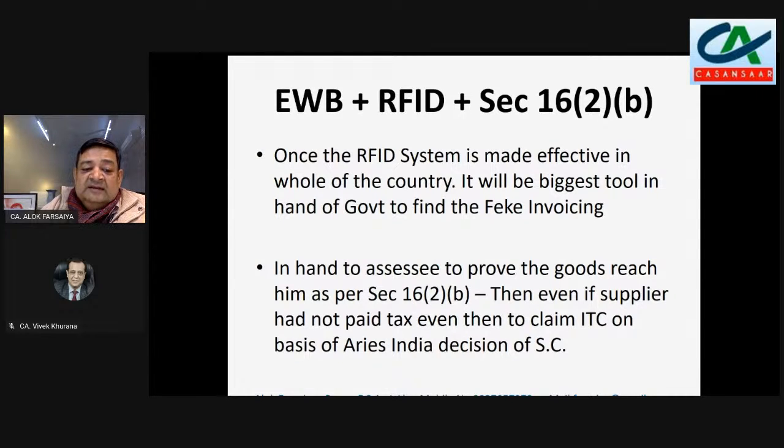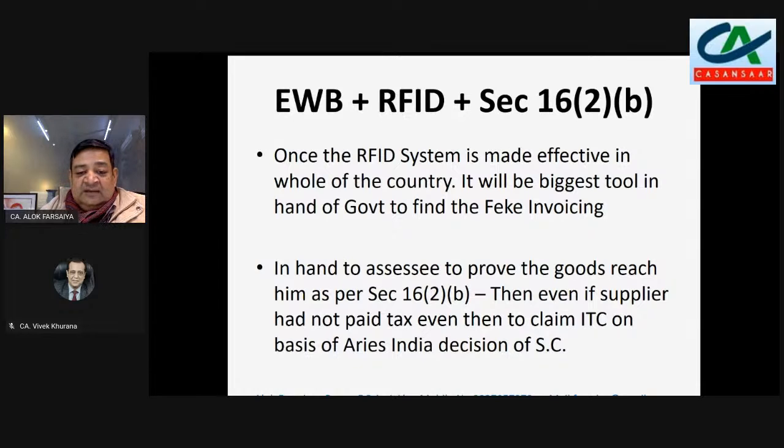No, the ARIS India case says, yes, the ITC will be allowed to me. So the e-way bill plus RFID will help the assessee also, to show that yes, the goods have reached the recipient of the goods. Therefore, this e-way bill mechanism is helpful for both the parties.